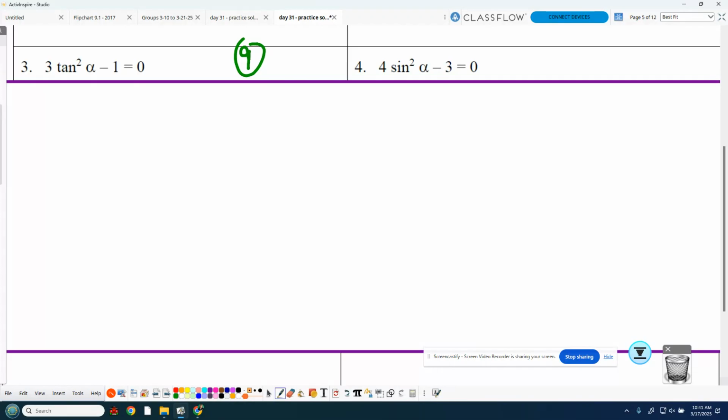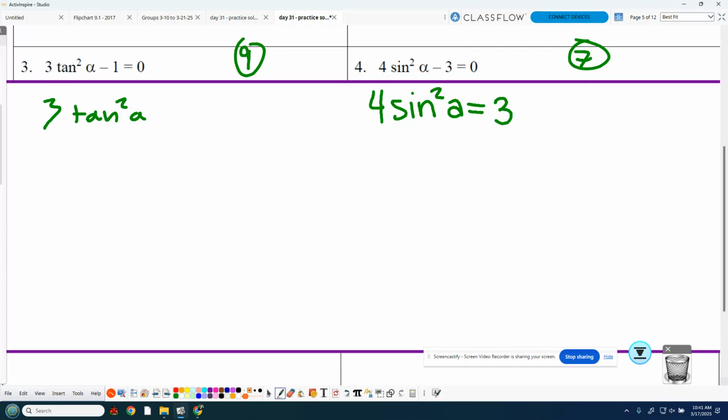Group 9, can you do the first step? Group 7, can you do the first step? Which one are we going to be on? You're group 5, you were called up once already. So the first thing, they added the number to the other side. Cool, sure. Group 10, next step. Group 6, next step.